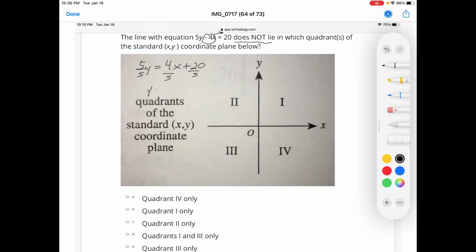So you get y equals 4/5 x plus 4. And so your line is going to cross the y-axis at positive 4. And it has a positive slope, up 4 over 5. And so your line will look something like that. And there's only one quadrant that it does not go through, and it's the 4th quadrant.